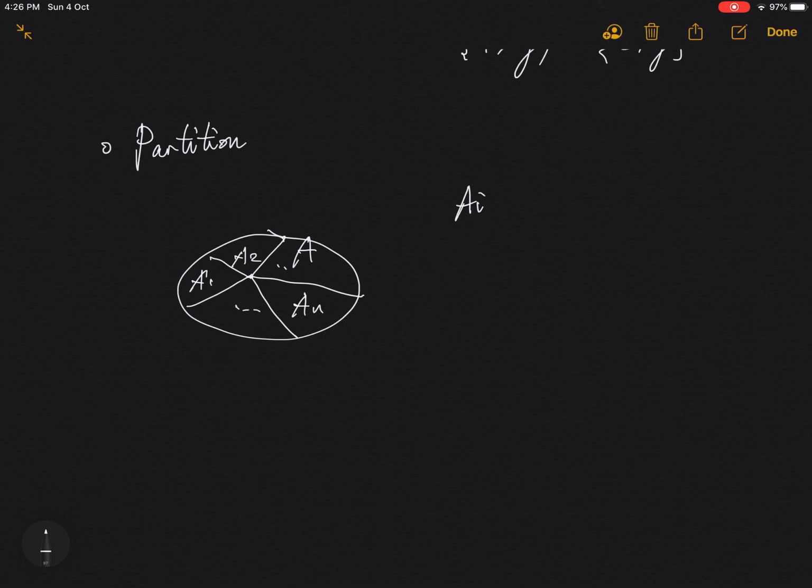Means Ai intersect Aj equals an empty set.